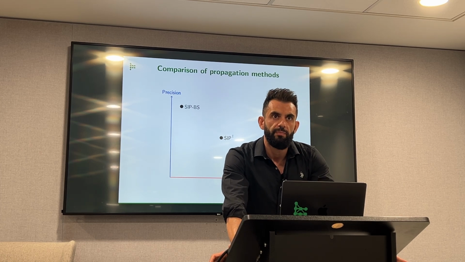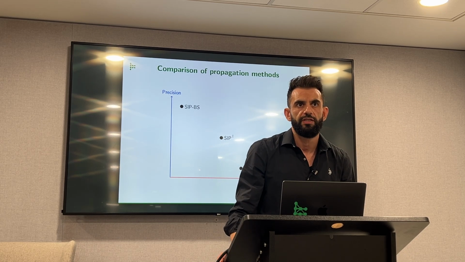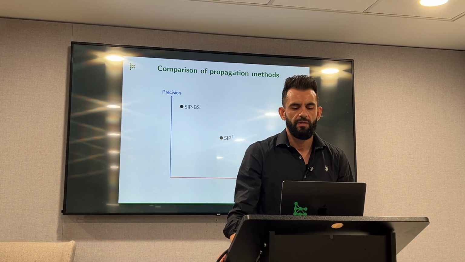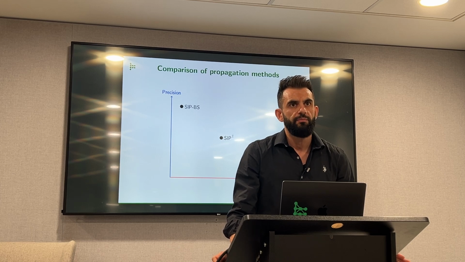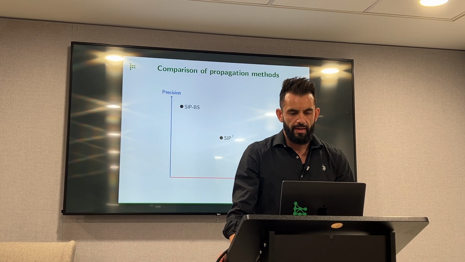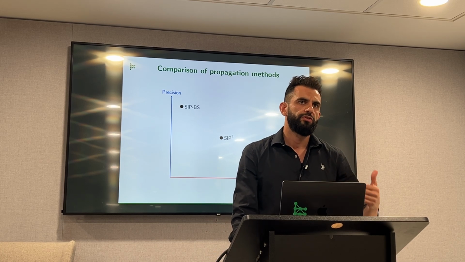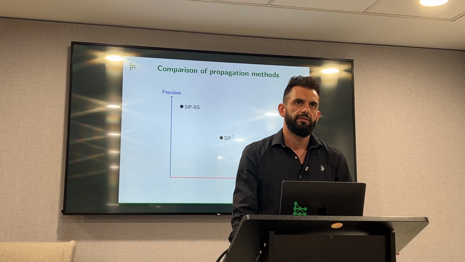Symbolic interval propagation with back substitution is far more precise, but far more expensive computationally. The method can scale up to networks of millions of ReLU nodes, and we really need the precision of back substitution to be able to start addressing practical models.